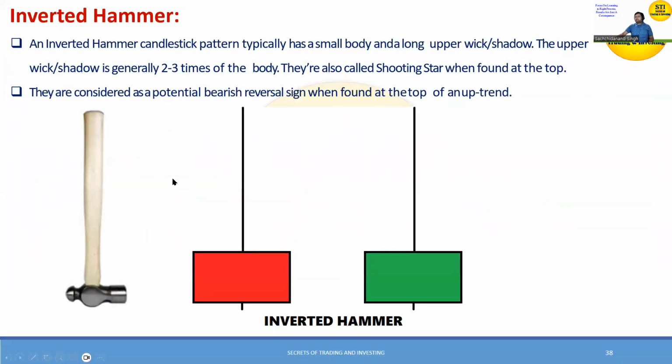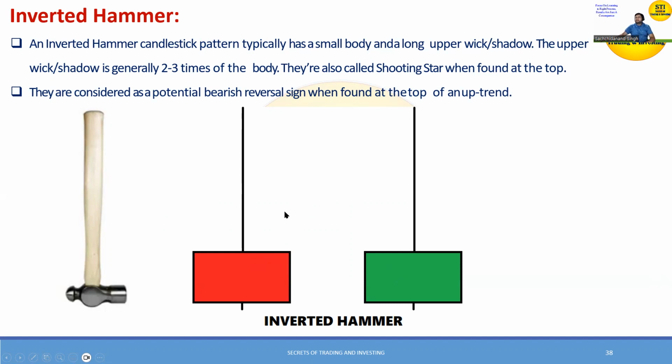A few more bearish candle examples are the inverted hammer. It is just the opposite of a hammer, where the body of the candle is at the lower side, that is the bottom side, and the wick is at the upper side. The color of the candle does not matter, it could be green or red. And the same thing, the size of the wick should be 2 to 3 times the body of the candle.